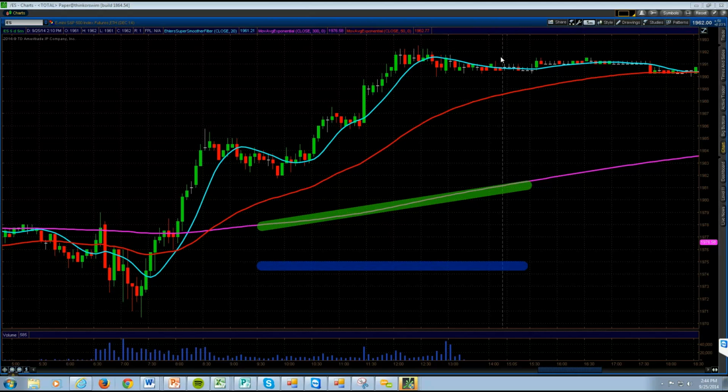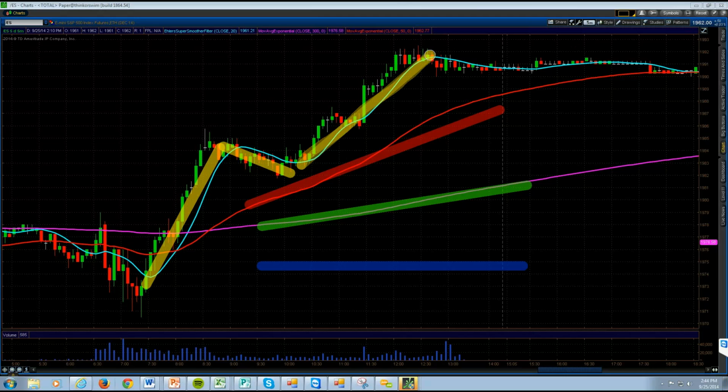See the slope of our red line, prevailing trend, still higher relative to neutral, but still flat. And then you see our short-term trends, which are right here. And you can see the momentum of those movements.